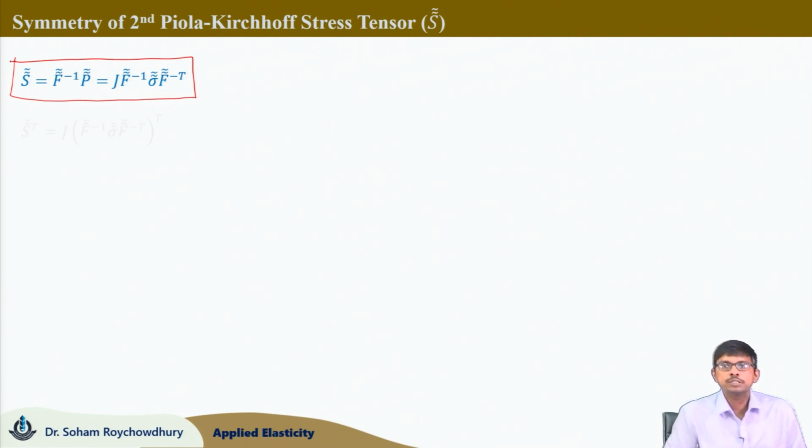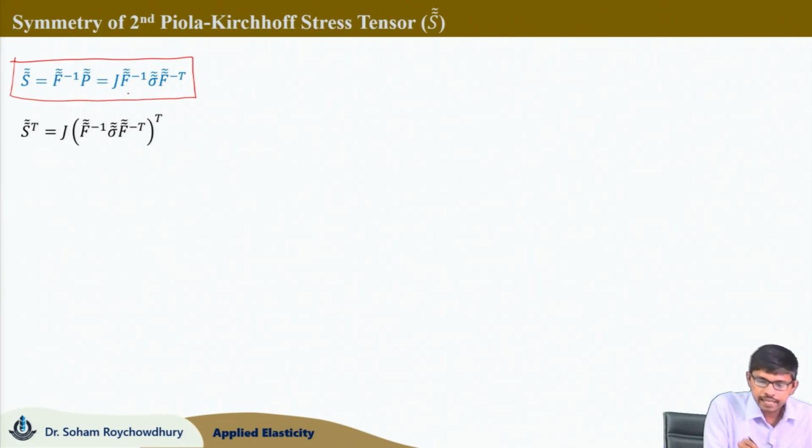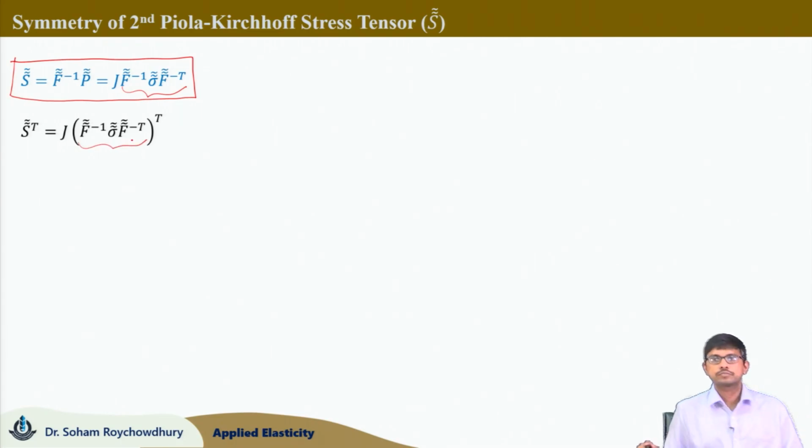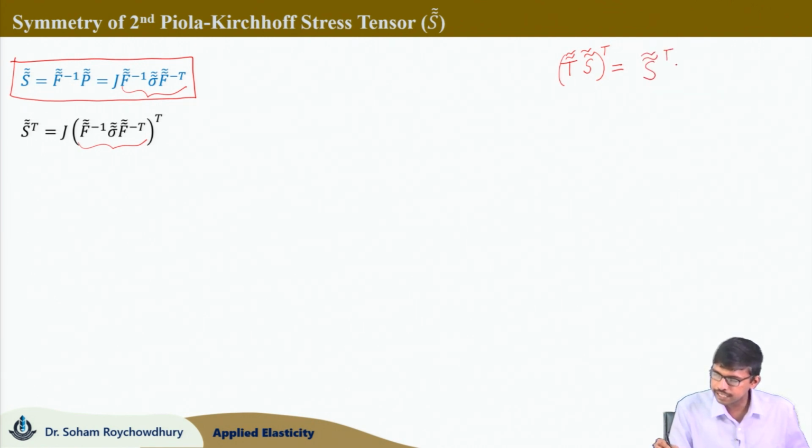Now, taking the transpose of both sides of this equation, S transpose would be J, which is a constant, and the transpose cannot act over a constant. So, J times the transpose of this entire quantity F inverse sigma F inverse transpose. Now, we had discussed that the transpose of a product TS, by the transpose rule, is S transpose T transpose.